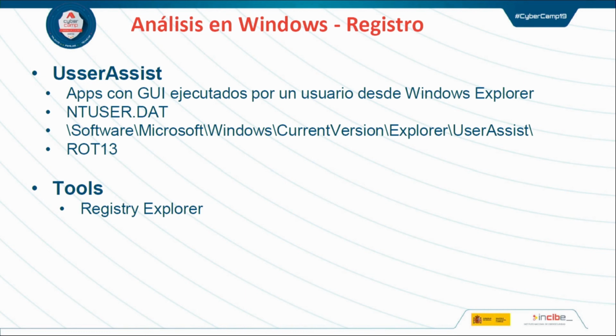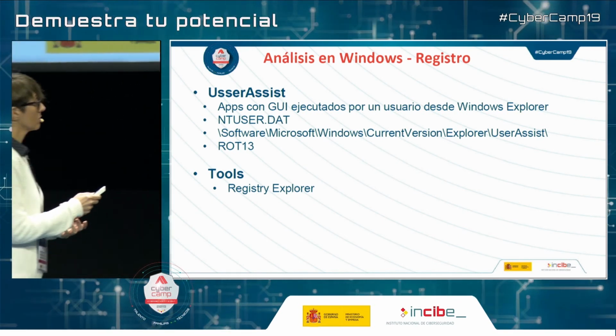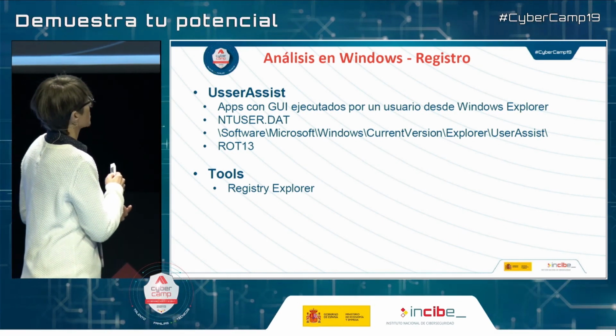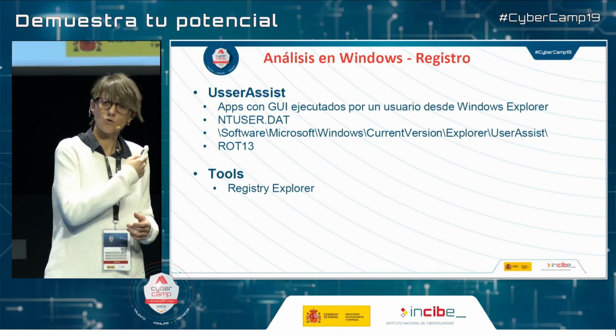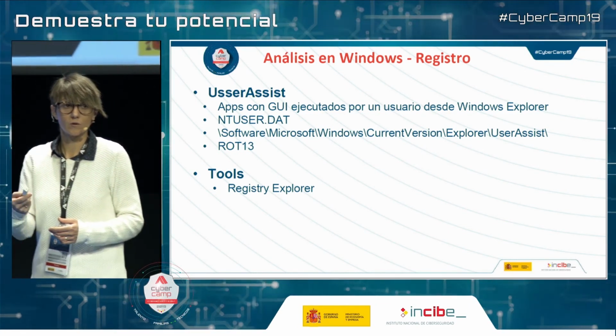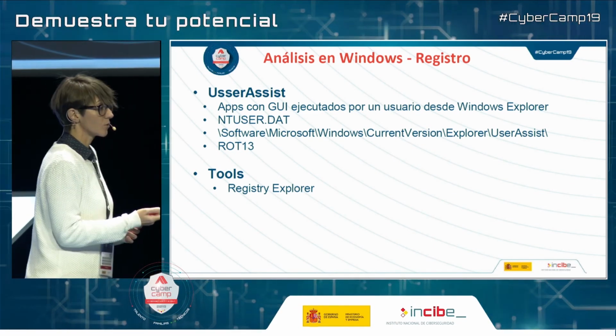Now, the only downside is that prefetch does not say which user has executed that application. So we don't have the correlation. We know that VirtualBox has been executed, but it doesn't tell us which user. Prefetch doesn't. So user assist is within NT user, and we get hence the information about the applications that a certain user has executed.